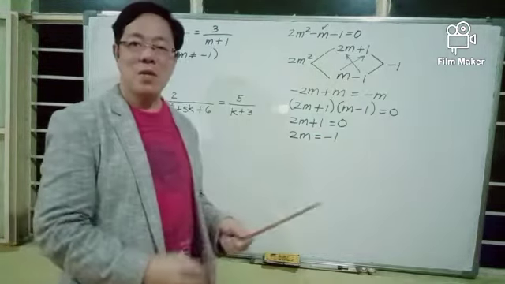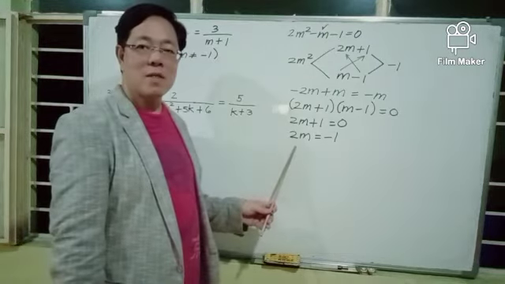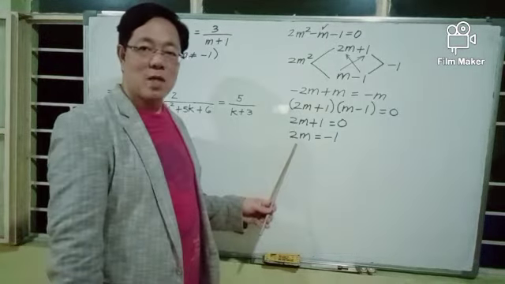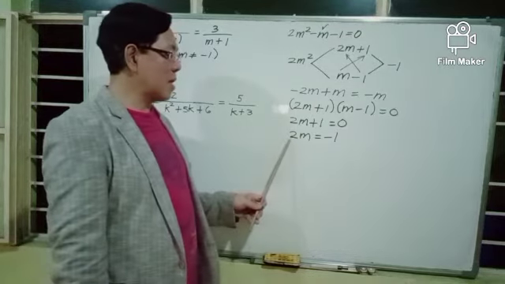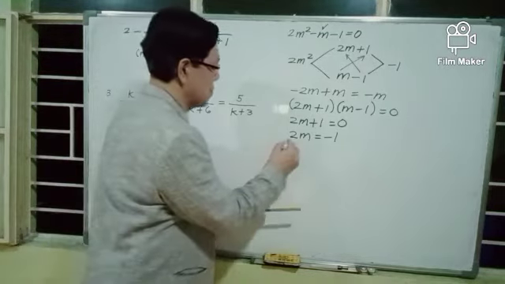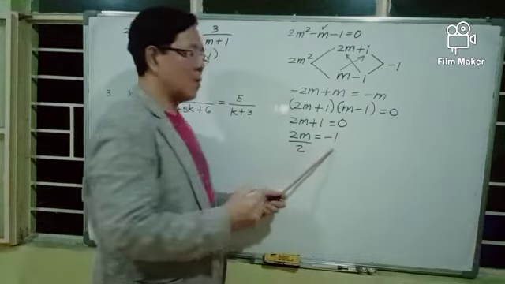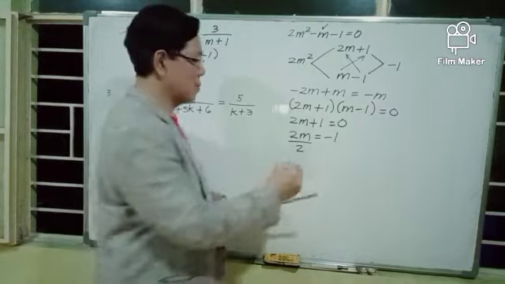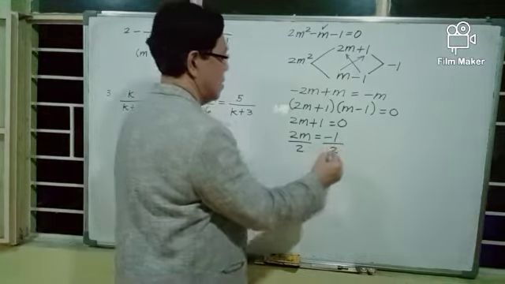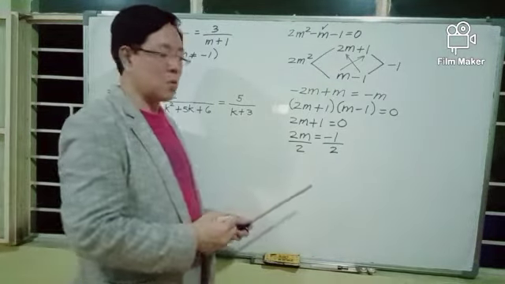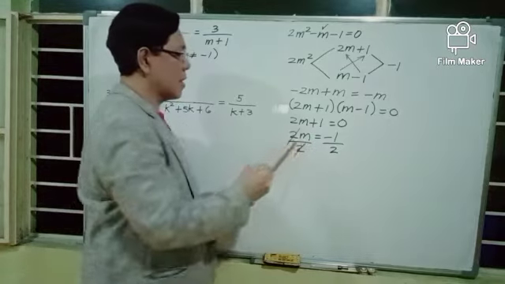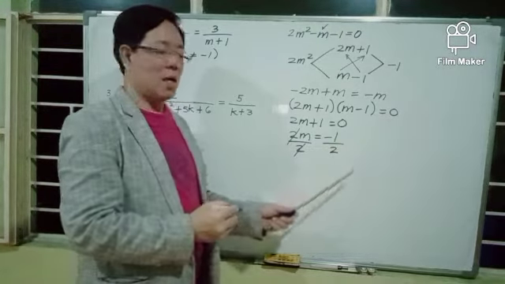And the coefficient of the variable you are solving for should be +1. So to make the coefficient of m +1, we divide the left hand side by 2, and we divide the right hand side by 2. And 2 over 2 gives you 1, or we simply cancel out 2. And you get m equals -1/2.